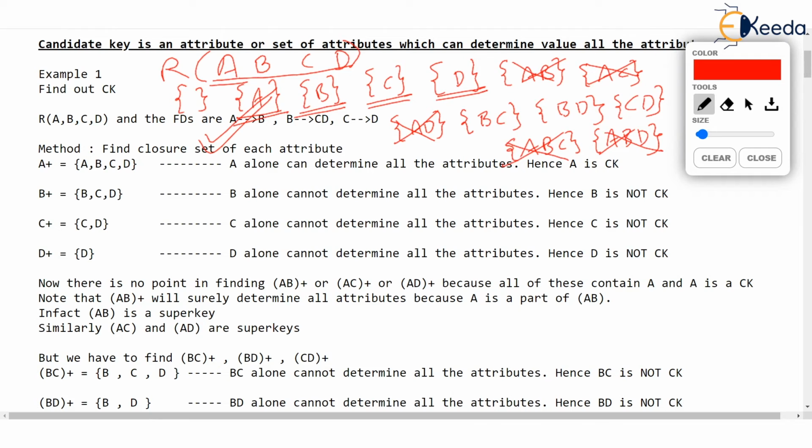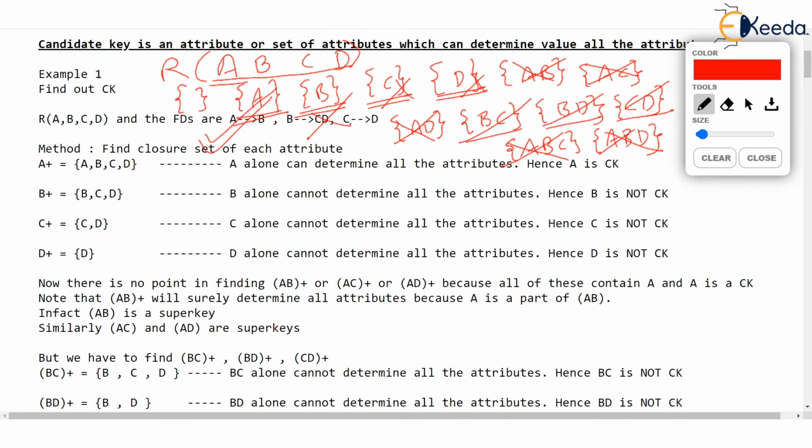And then we tested B is not a candidate key. We saw B plus was not containing all the attributes. C is not a candidate key. D is not a candidate key, isn't it? So there was no point in finding BC, BD, CD and all this, but all these also were not the candidate keys. I hope you are understanding.